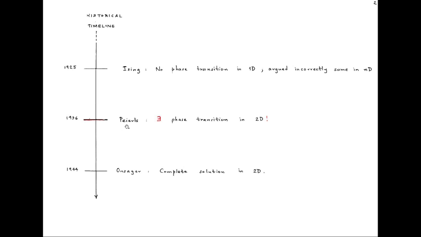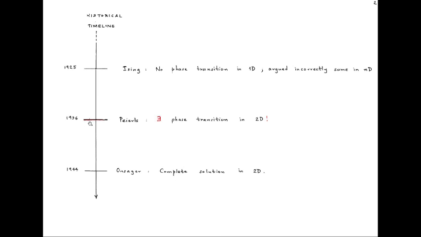But a decade later, sort of swimming against the current, Peierls proved that in fact in two dimensions there does exist a phase transition. And some 9 years later, Onsager gave a complete solution for the 2D Ising model with the calculation of the critical temperature and all that.